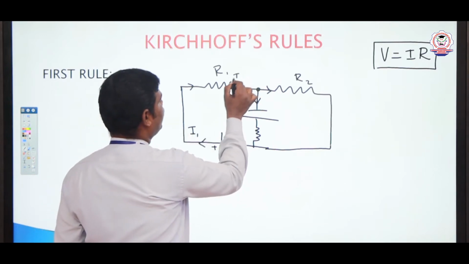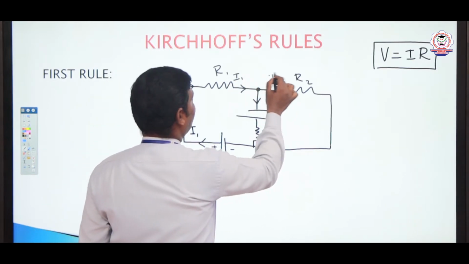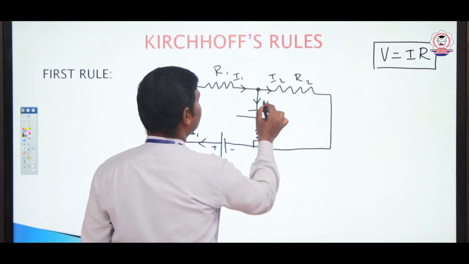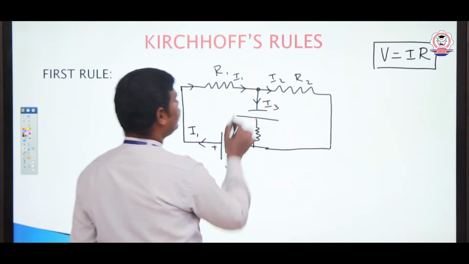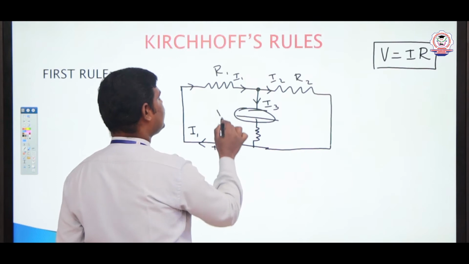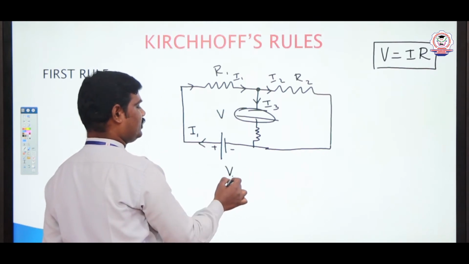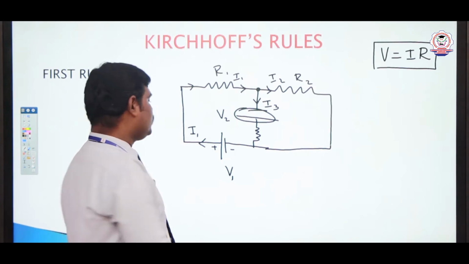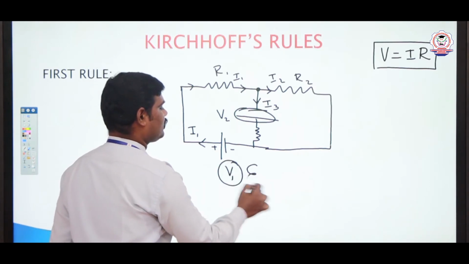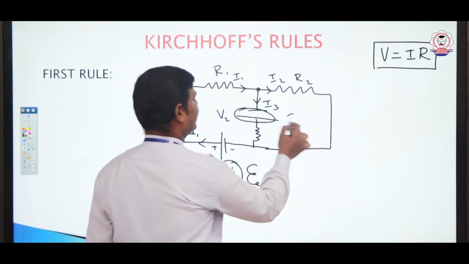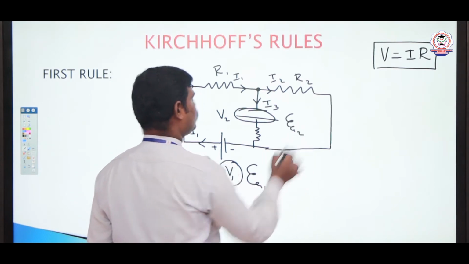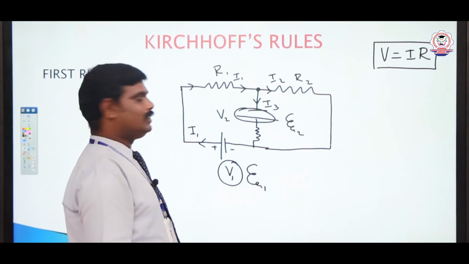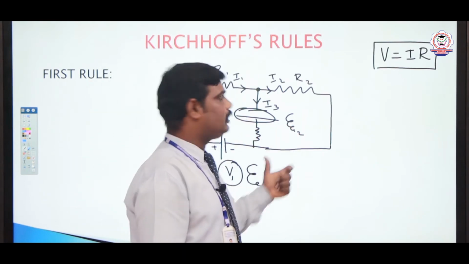So this is current I1, here current I2 and this is the current I3. Here we have one more potential. If I take this potential as V1, here it is V2. We can also write these as psi 1 and psi 2, which are nothing but the EMF of the batteries.